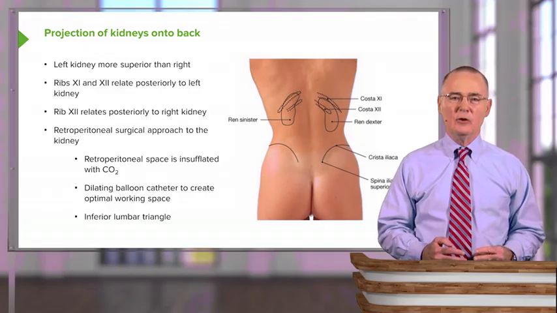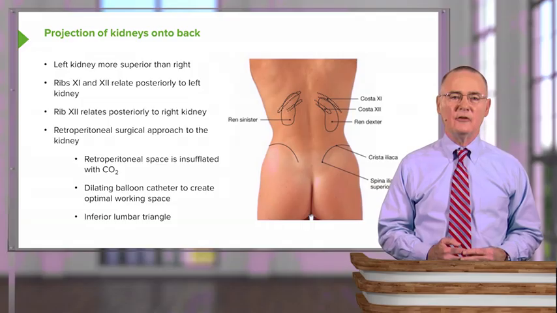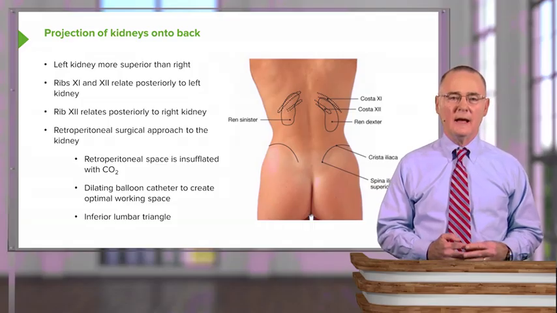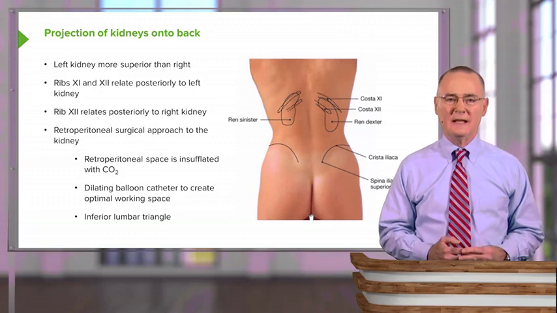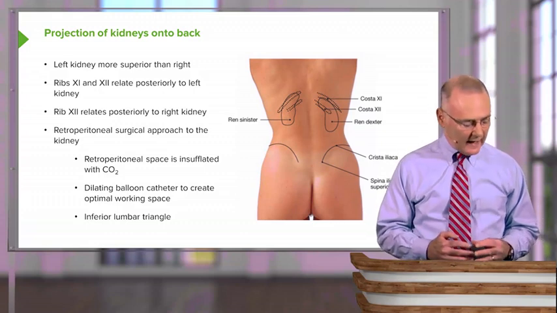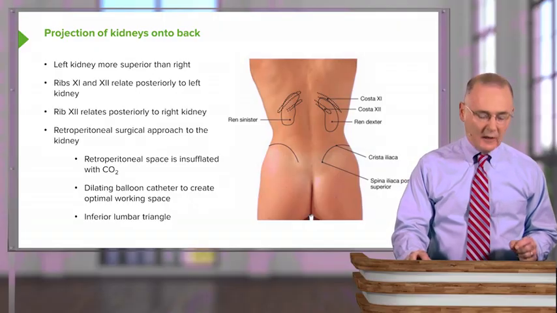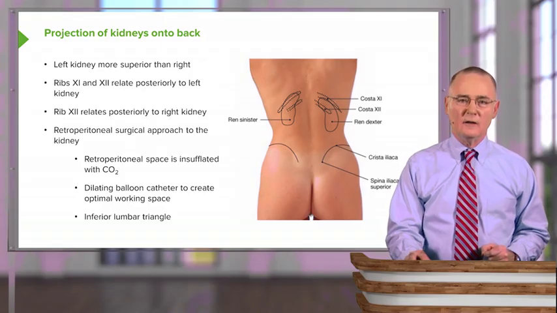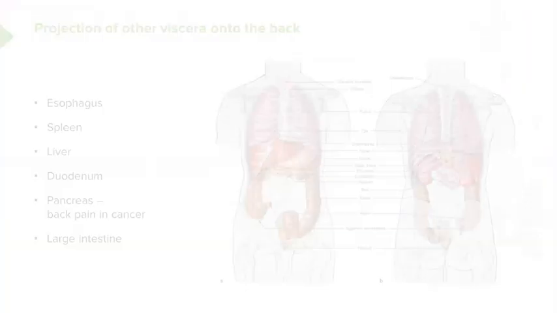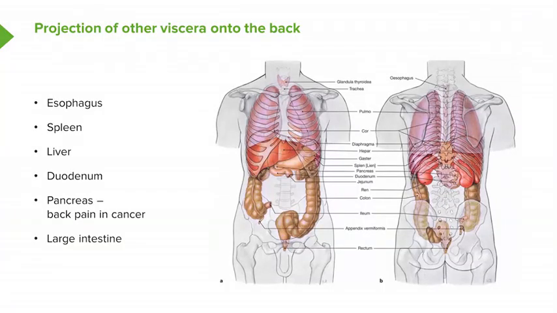And the balloon and the catheter that's utilized for this process and the subsequent process of introducing a dilating balloon catheter, you're going to access the retroperitoneum by advancing the catheters through the inferior lumbar triangle that we defined in an earlier slide. This slide represents the projection of other viscera onto the back.